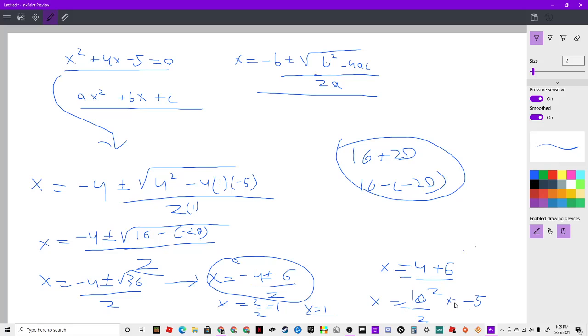So x equals negative 5. So in the end, your x's are x equals 1 and x equals negative 5.